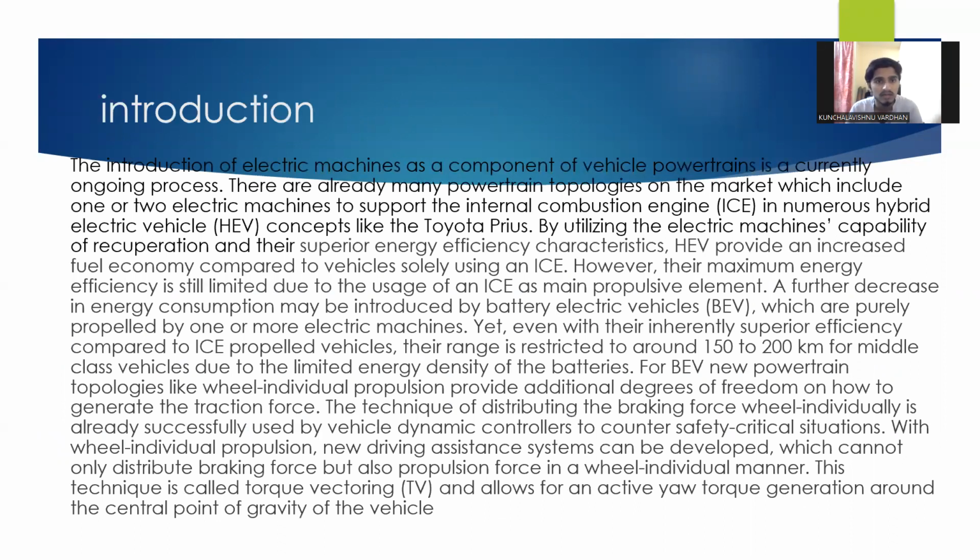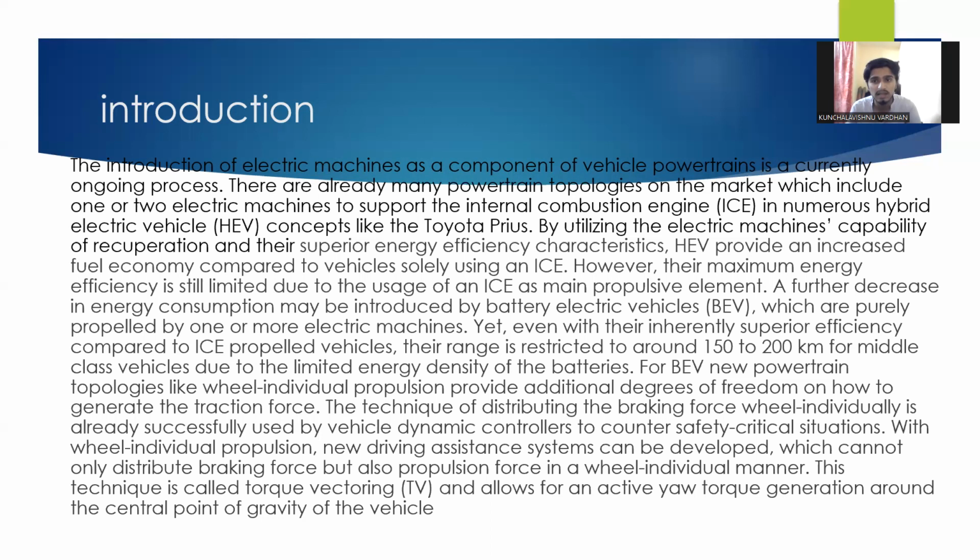The introduction of electric machines as a component of vehicle powertrains is currently an ongoing process. There are already many powertrain topologies on the market, which include one or two electric machines to support the internal combustion engine in numerous hybrid electric vehicles, like the Toyota Prius.